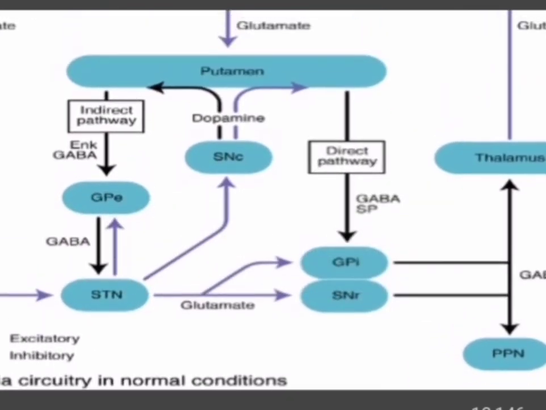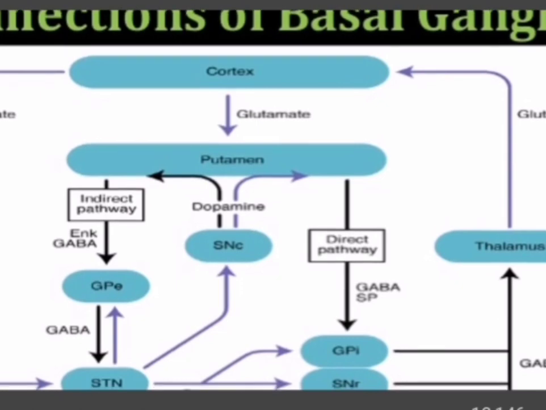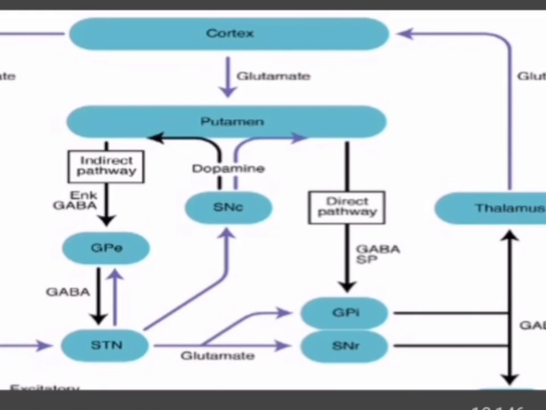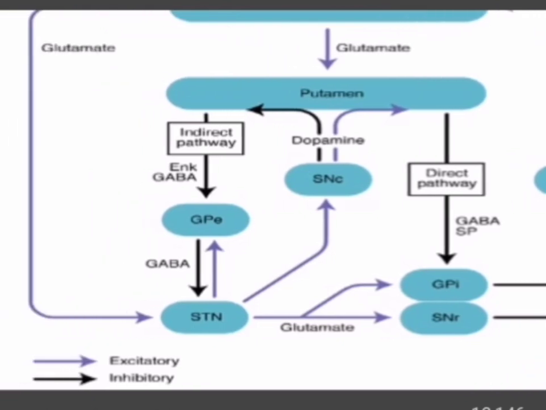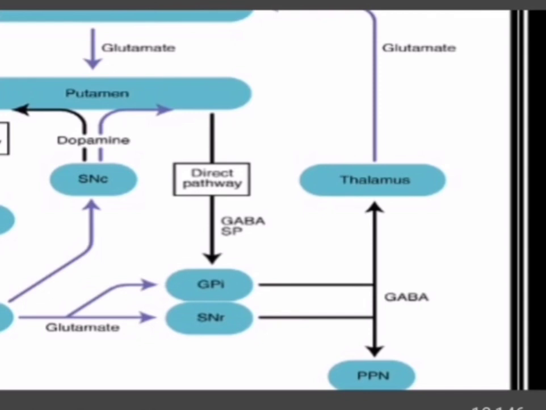You should be very clear that from the cortex, glutamate is the neurotransmitter, it comes to the putamen, then putamen, dopamine, subthalamic nuclei, then glutamate, substantia nigra, indirect pathway, direct pathway, thalamus. So this is the figure which tells us the connections of the basal ganglia.